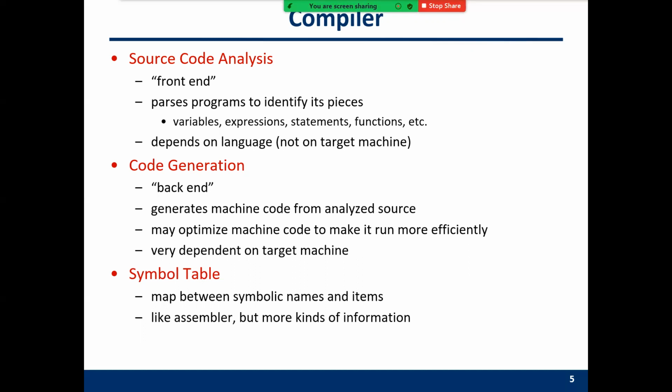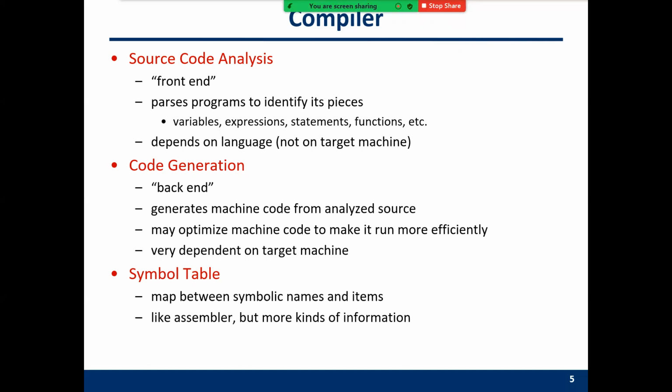If you didn't declare that variable, but use that variable in the following sentences, the compiler can give you an error in this case. So the source code analysis has nothing to do with the instruction. If you compile your code on LC3 or on some Intel machine, the source code analysis is the same because it only checks the semantic meanings of your code in this stage.